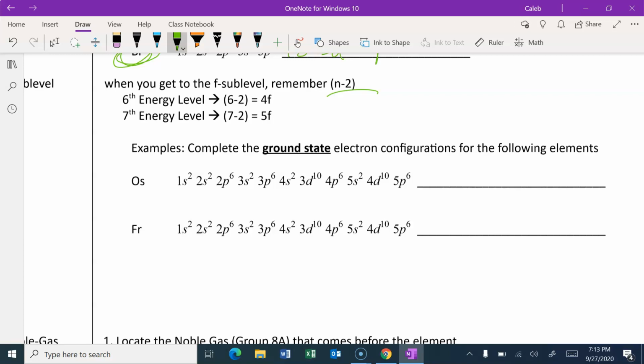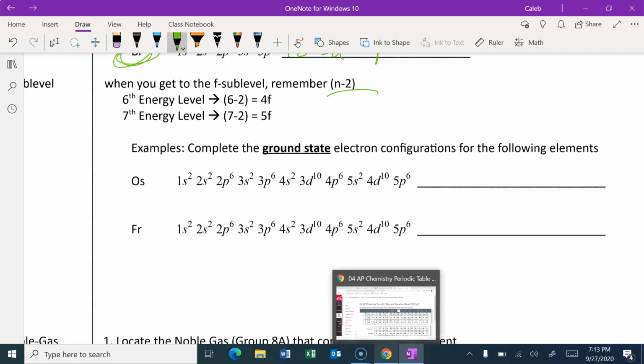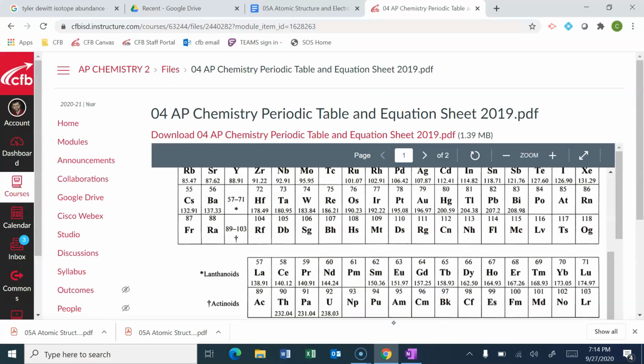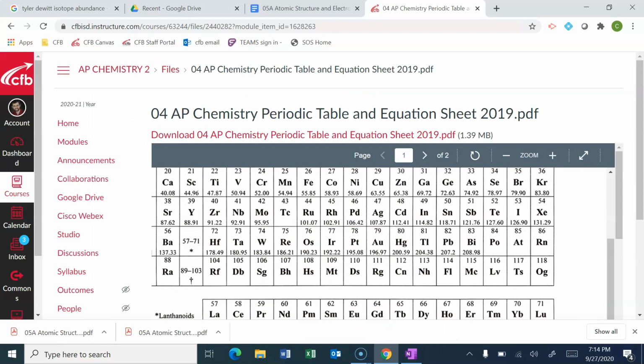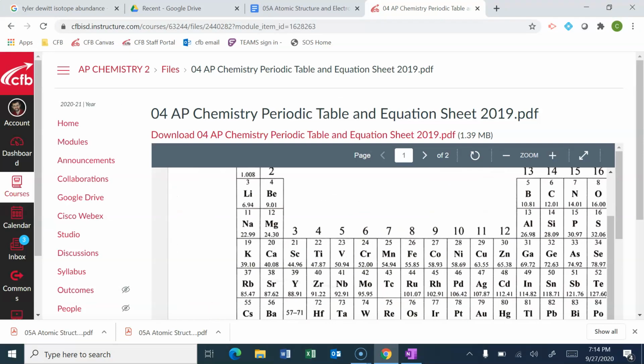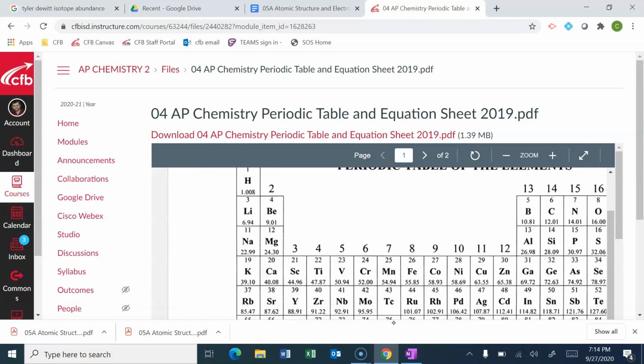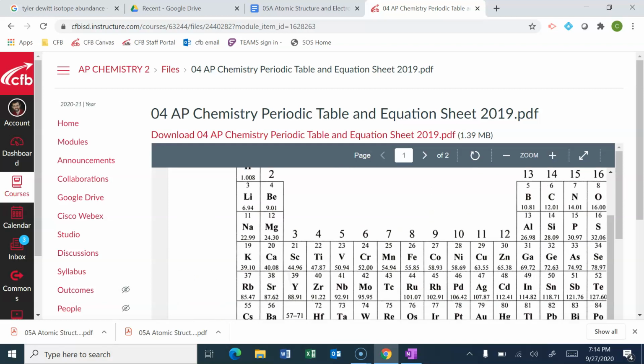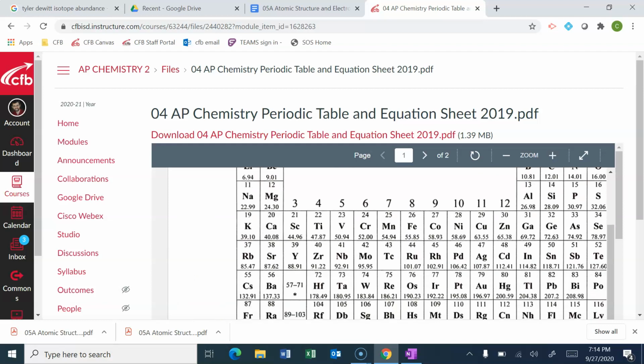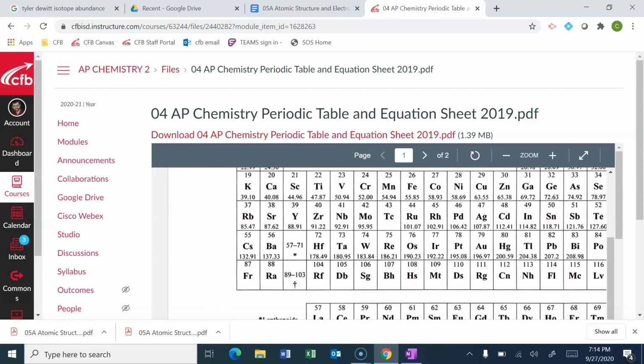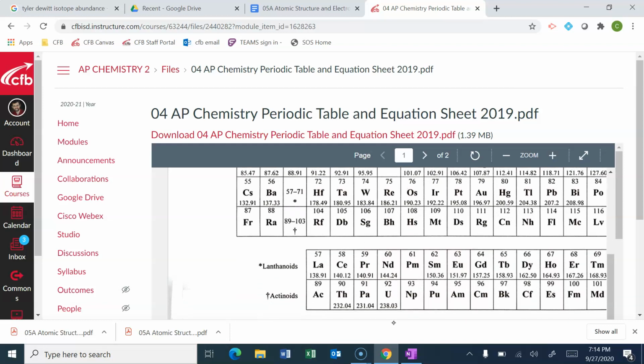Then we want to pick up where we left off. 5p6 is xenon, and then we go down to where cesium is. Got cesium and the barium, that would be 6s2.